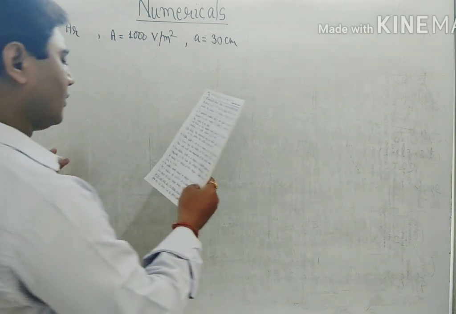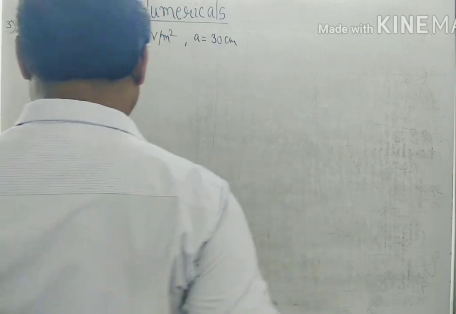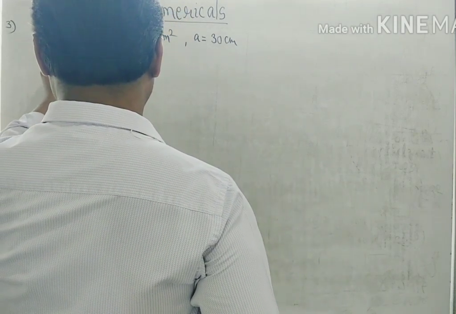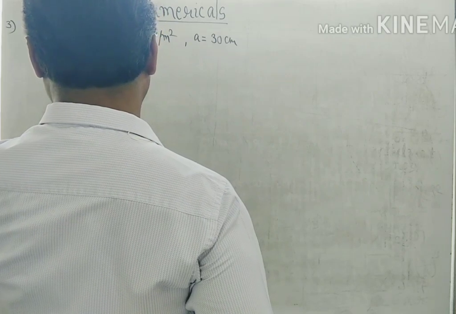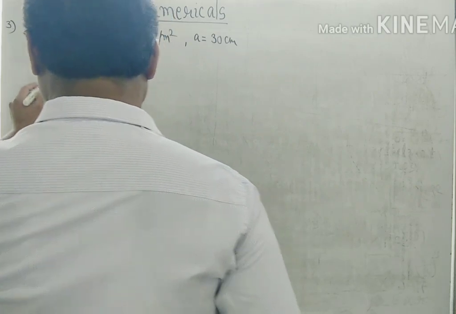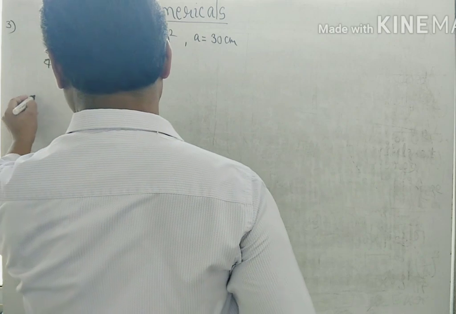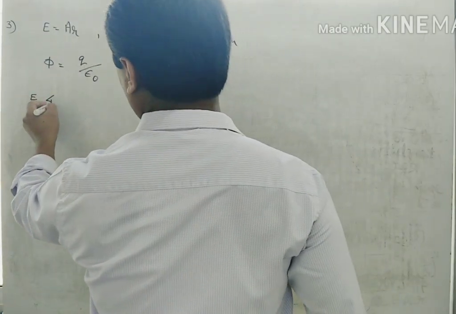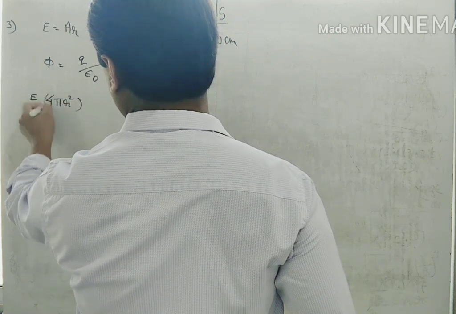So electric field in a region is given. So directly, using Gauss's law, phi equals q by epsilon naught, and this phi we can write as E into 4 pi r square.